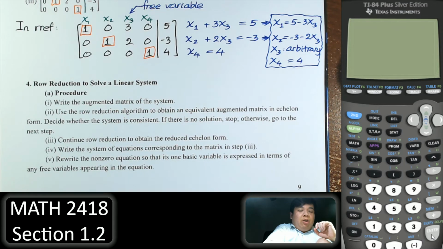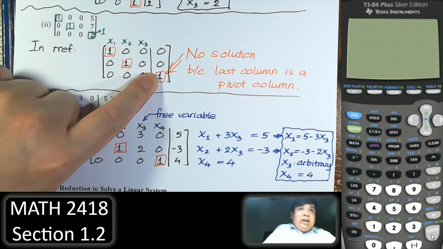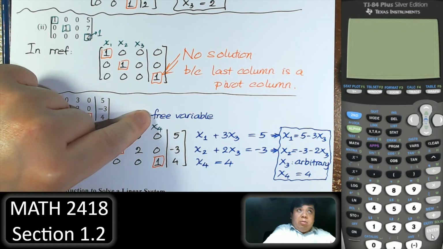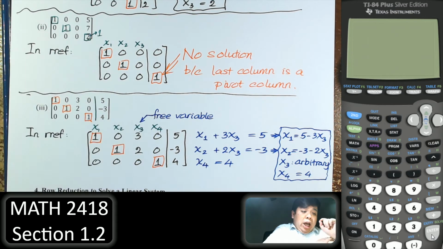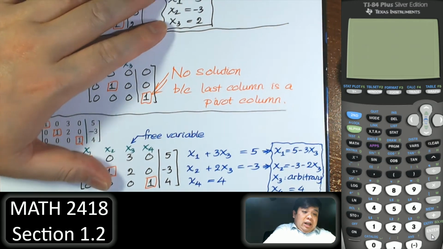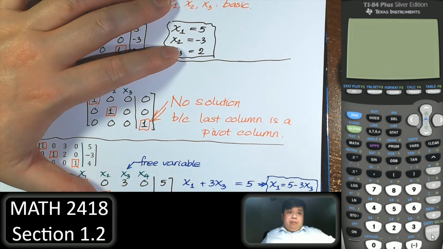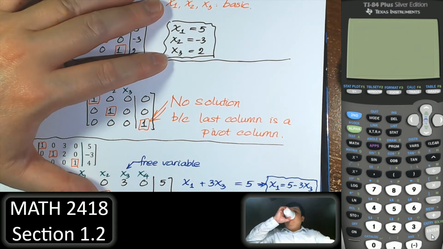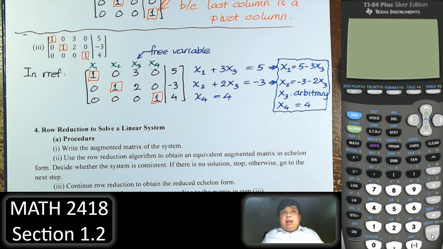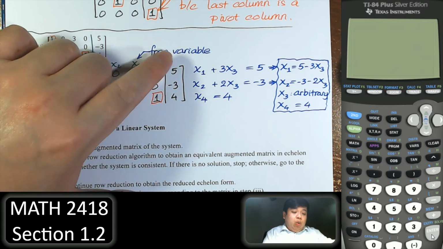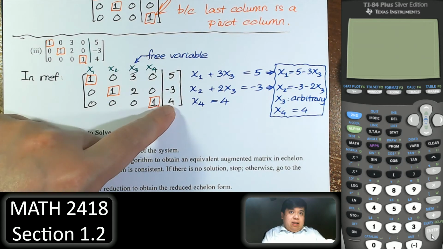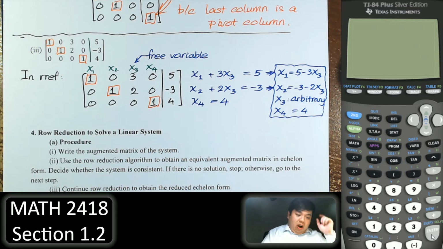We have no solution if the last column is the pivot column. Unique solution if there's no free variable. Infinitely many solutions where we have a free variable and don't have a pivot on the last column, obviously.